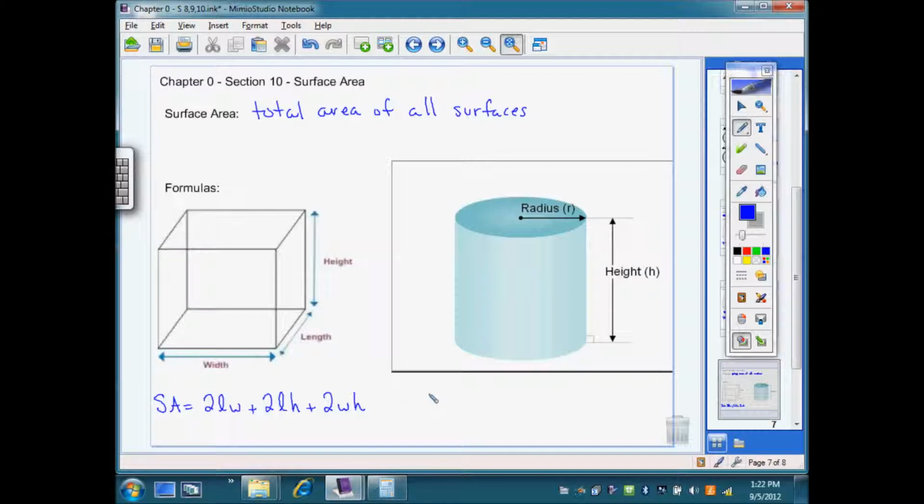So that's where this formula comes from. We get 2 pi r squared, that's for the 2 circles on the top and the bottom, plus 2 pi r, that's the circumference, times the height. So this is the area of the 2 circles, this is the area of the part that's wrapping around, because it makes a big rectangle.